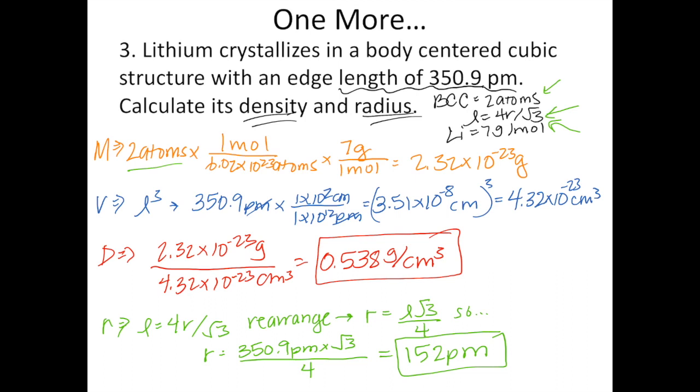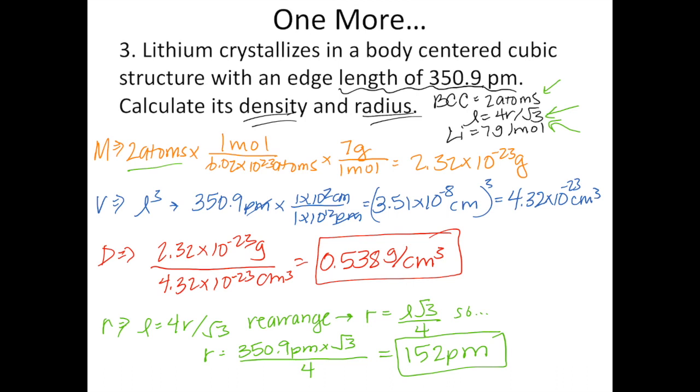All right, well, this time I'm given the length, so all I have to do to find volume is convert it and cube it. So I convert it using my conversion. I get my centimeters from picometers, and I go ahead and cube that, and I get my 4.32 times 10 to the minus 23rd. Well, I just plug that in for density, and I get 0.538 grams per cubic centimeter for my density.